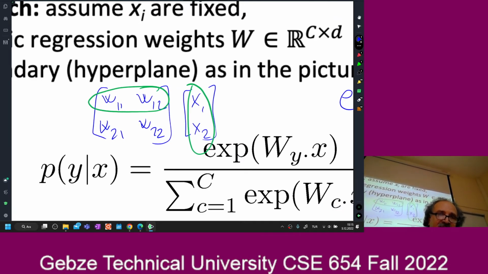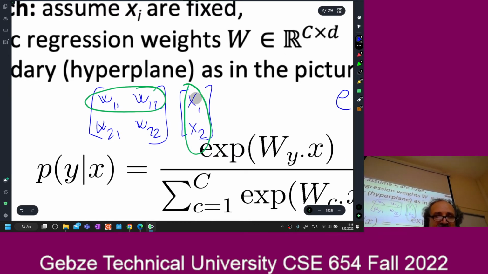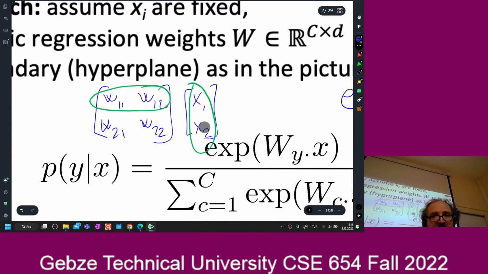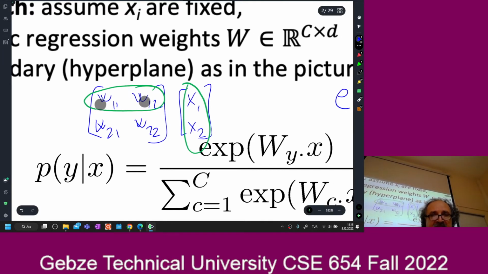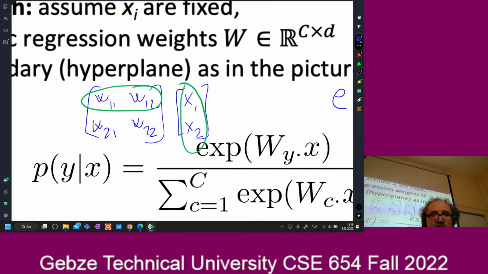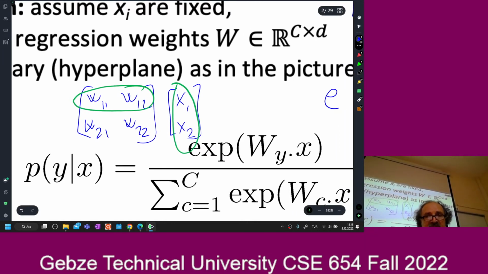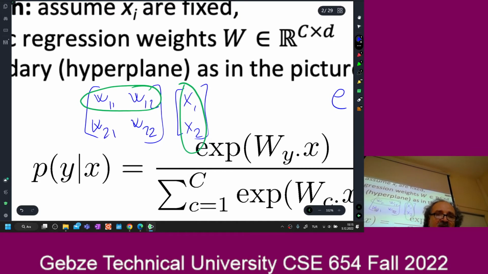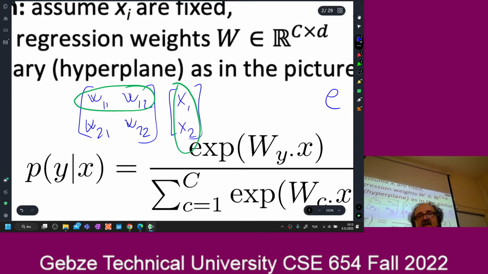Given this 2-dimensional feature, like the car's age and car's price, I multiply it with these 2 numbers. That will give me how much I like the class number 1. The second one is going to give me how much I like the class number 2.